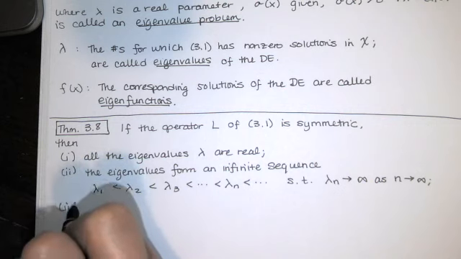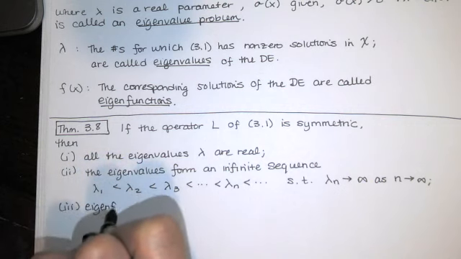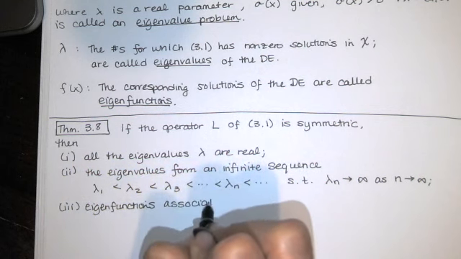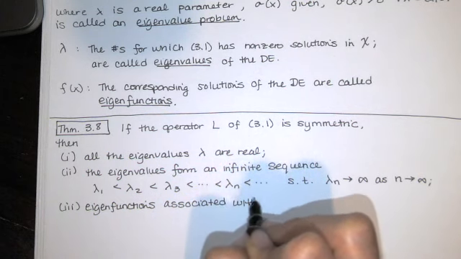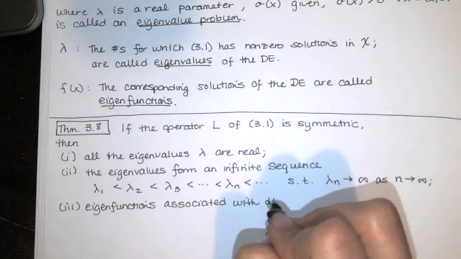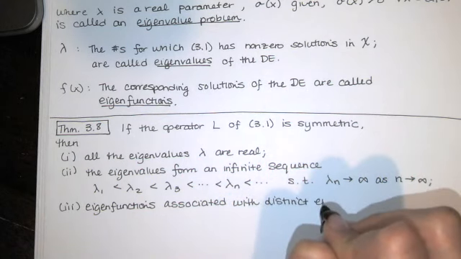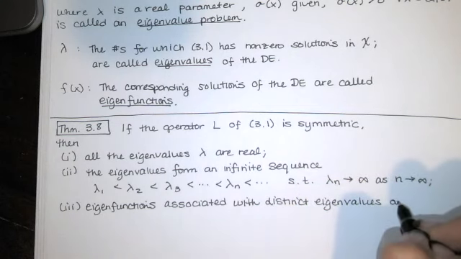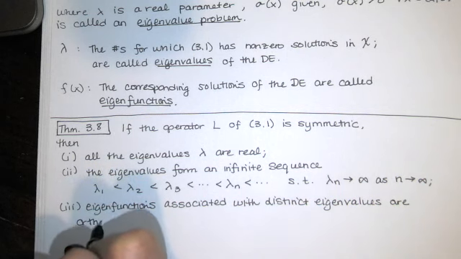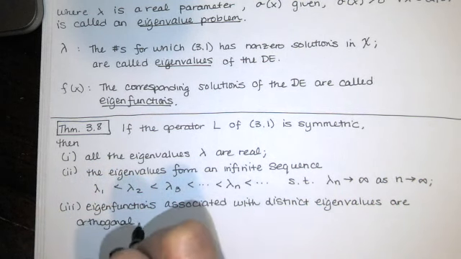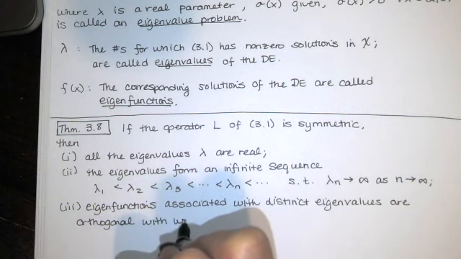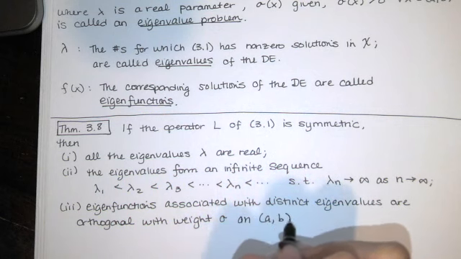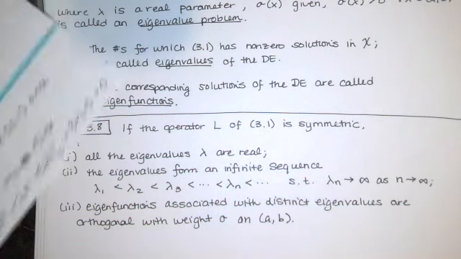And lastly, the eigenfunctions associated with distinct eigenvalues are orthogonal with a weight of sigma on the interval from A to B. So again, what does it mean to be orthogonal?